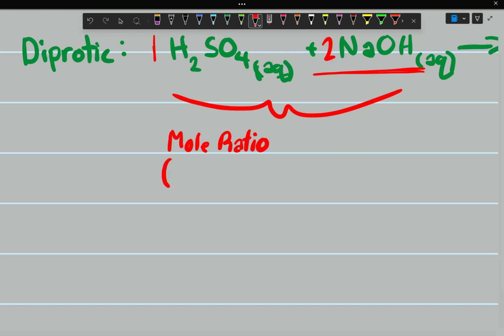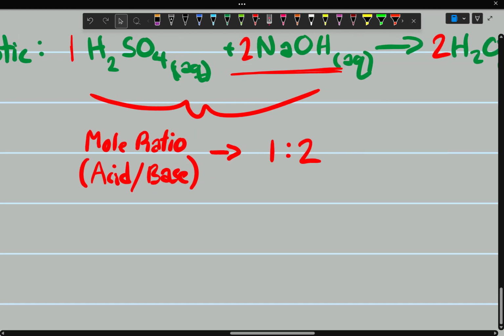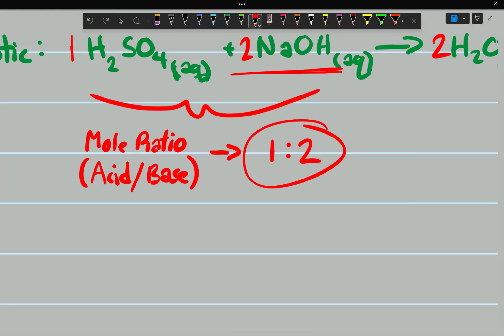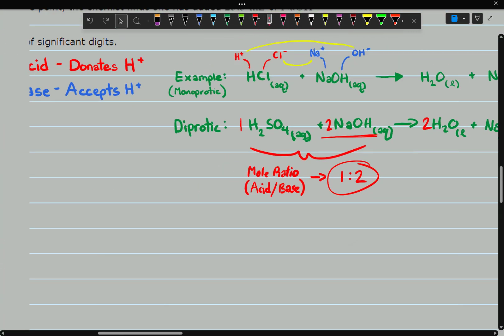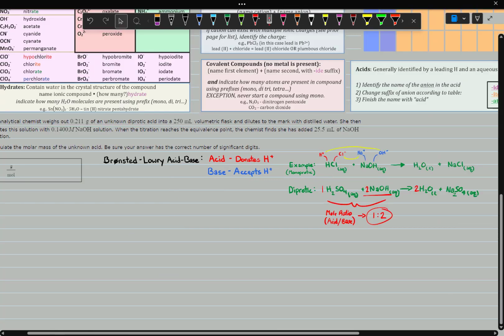And our mole ratio for acid to base for this reaction is going to be, for every 1 mole of the acid, we use up 2 moles of the base, giving us a 1-to-2 ratio acid to base. So that's the theory behind how we solve this problem.